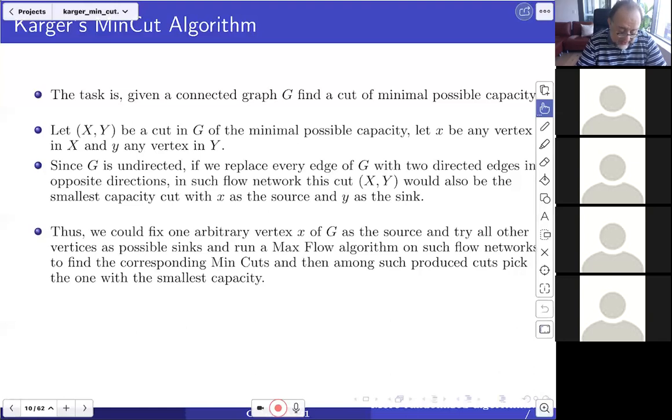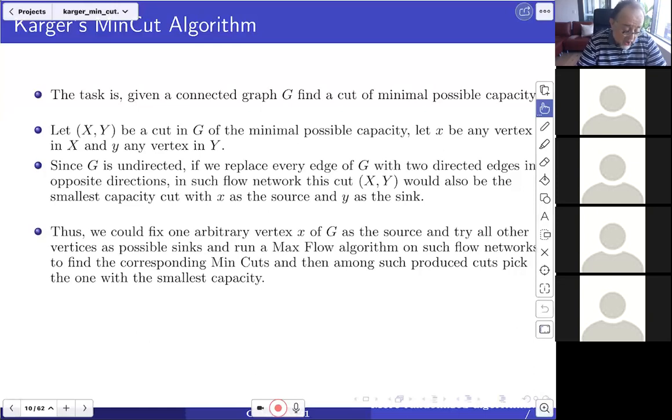Now, actually, it's easy to see that you can fix the source and just vary the sink over all the other vertices. Why? Because the graph is completely symmetric. For every edge in one direction, there is an edge in the opposite direction.